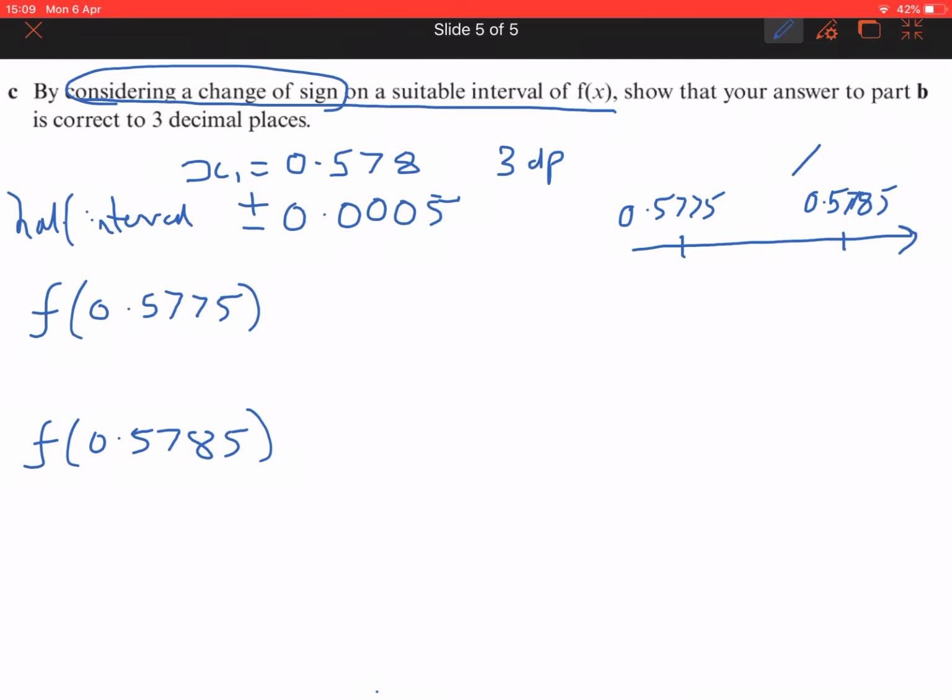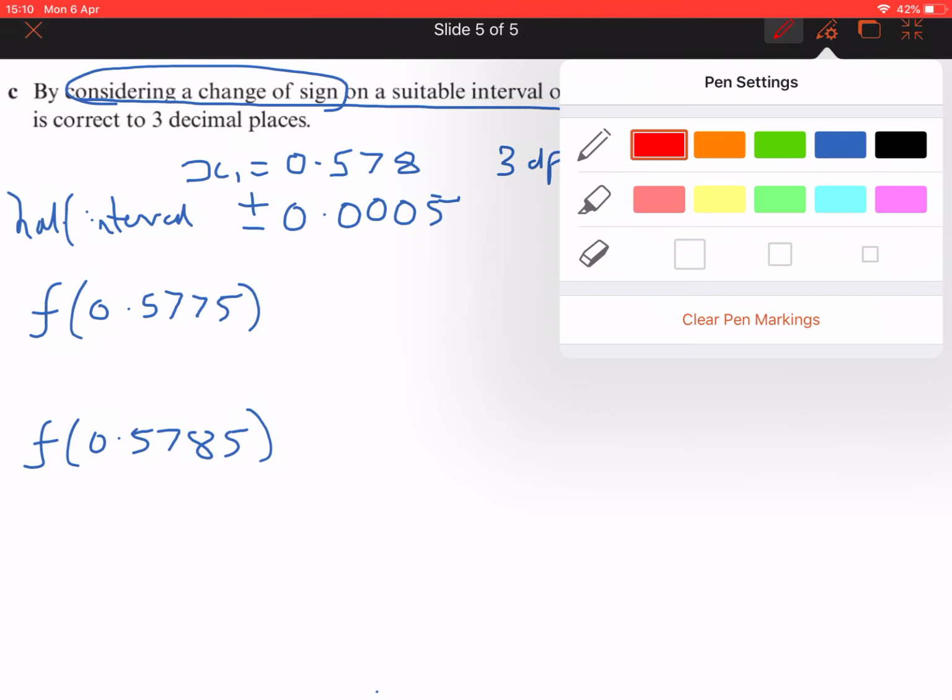In other words, it could be going like that, or it could be going like that. But in either of these cases, somewhere between 0.5775 and 0.5785, there'll be a root. So I'm looking for my change in sign.